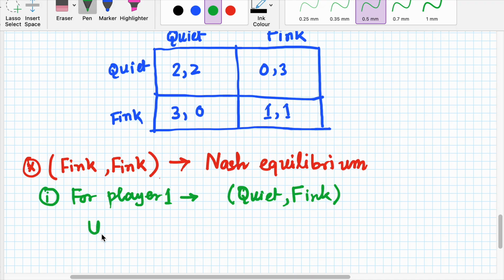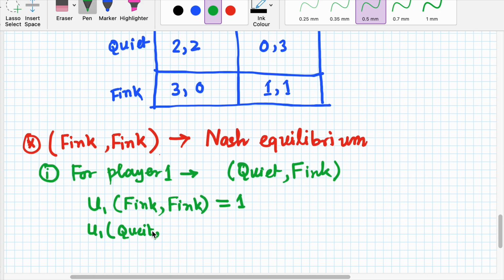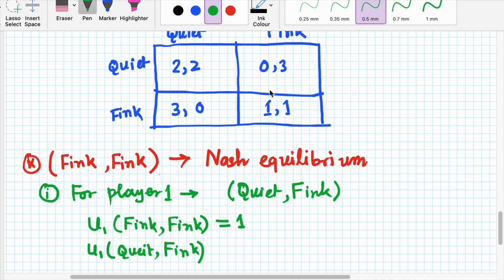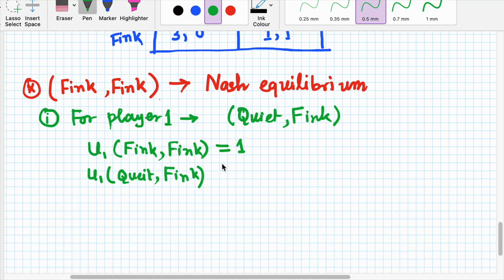The utility for player 1 of Fink is 1. If she deviates to quiet while the other player stays with fink, her utility is 0.